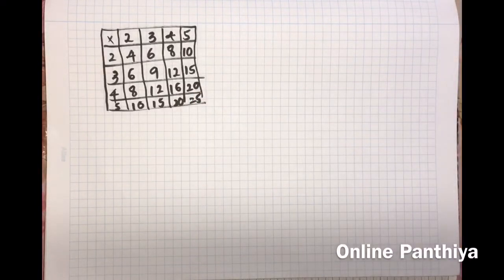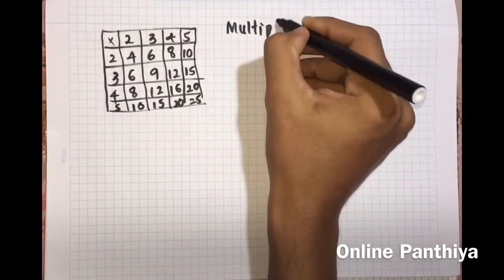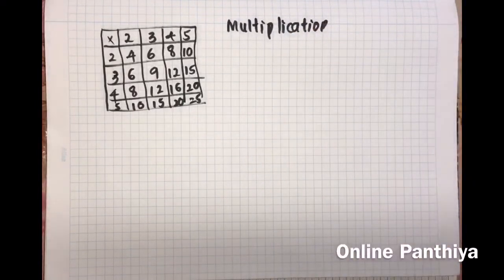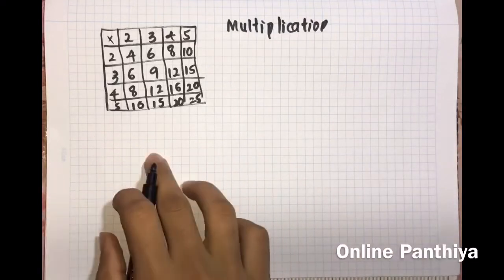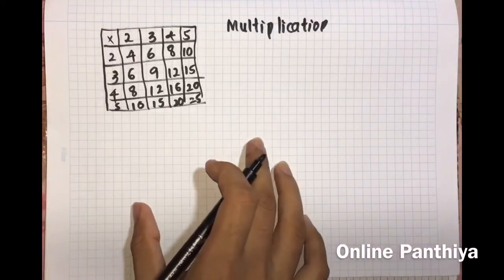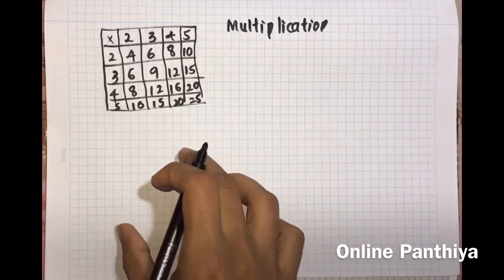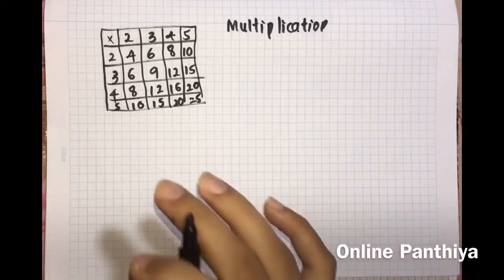This is the way of finding factors using the multiplication table. Using this table you are going to tell me the answers. The first one is using multiplication: you multiplied, checked for the factors, and wrote all the factors. Second is using division: you checked whether a number is a factor or not.